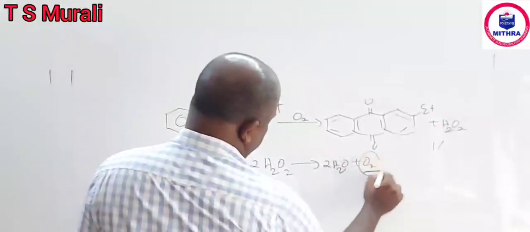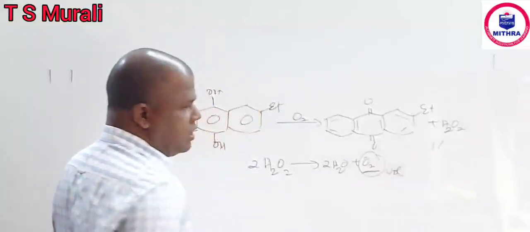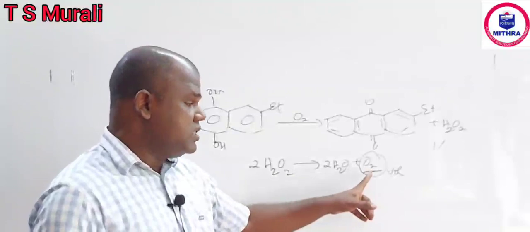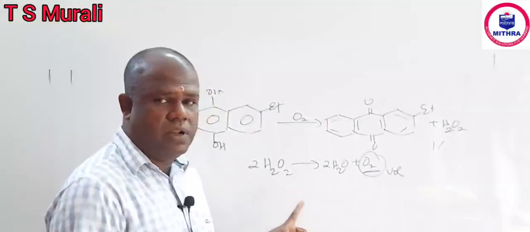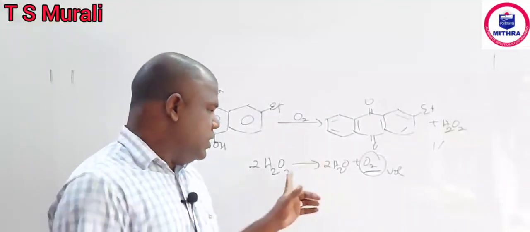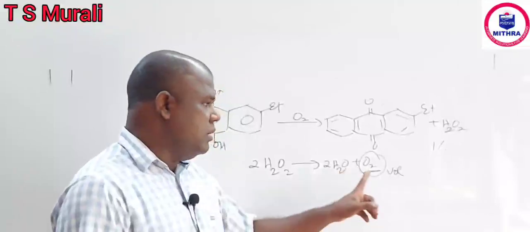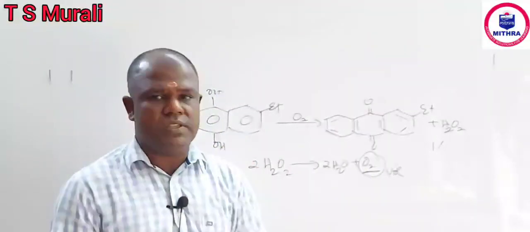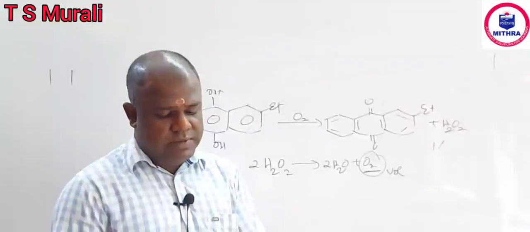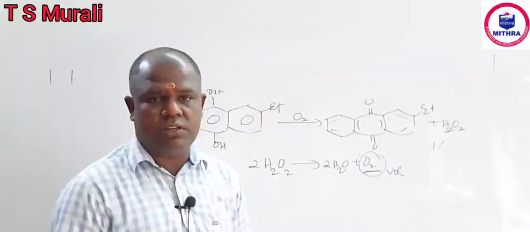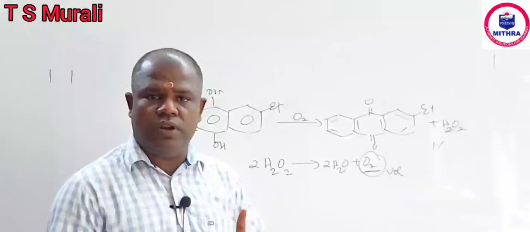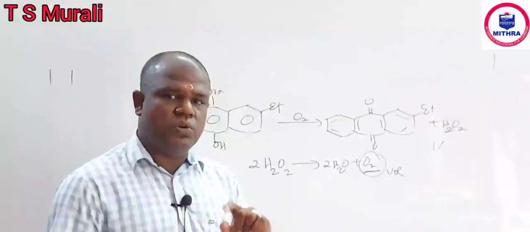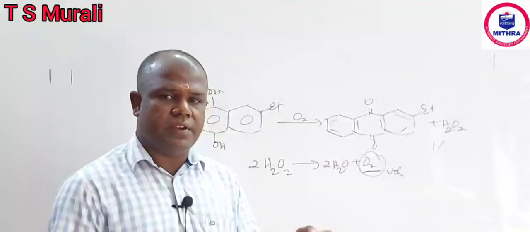The volume of oxygen gas liberated from unit volume of H2O2 at STP, that volume of O2 is recorded as volume strength. As per the first option, 30 Vs means from 1 ml of H2O2 you get 30 ml of oxygen at STP. From 1 liter of H2O2, 30 liters of oxygen is generated.